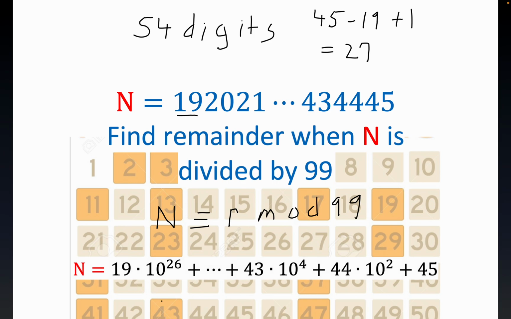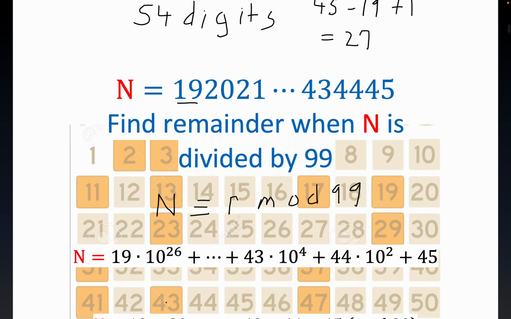Now another useful fact here, though this is just a massively large number, is to observe that 10 squared, which is our first power right here, is congruent to 1 modulo 99.